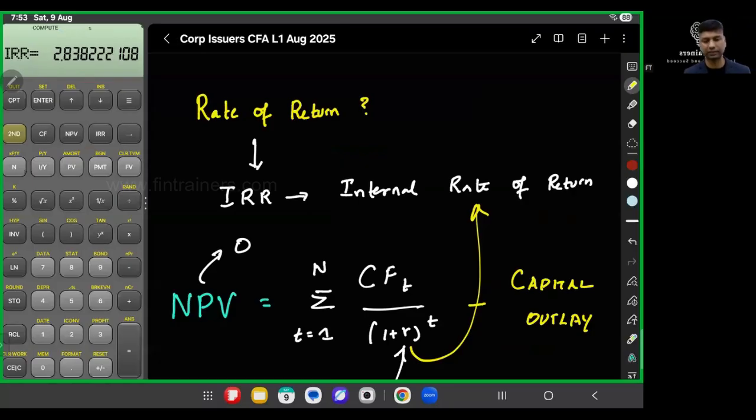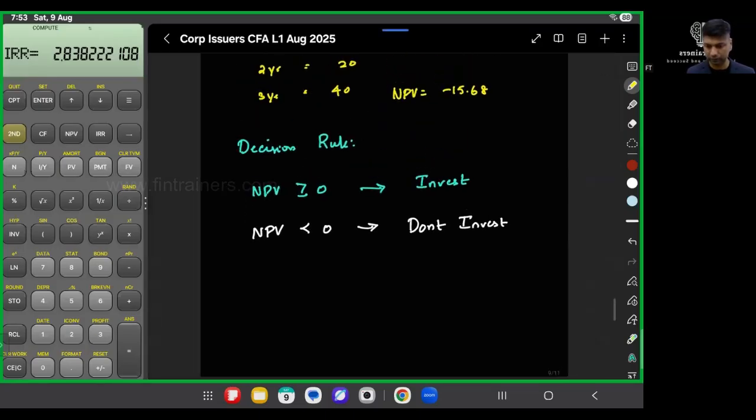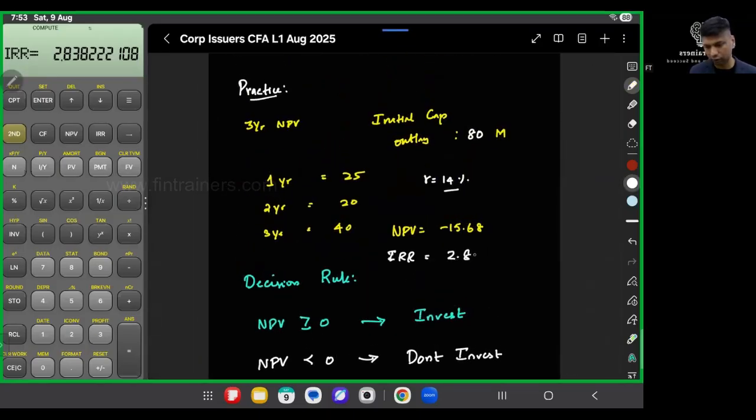For the project that we just saw, the 3 cash flow project, my IRR is 2.838. So my return is 2.838% annually compounded over the 3 years.